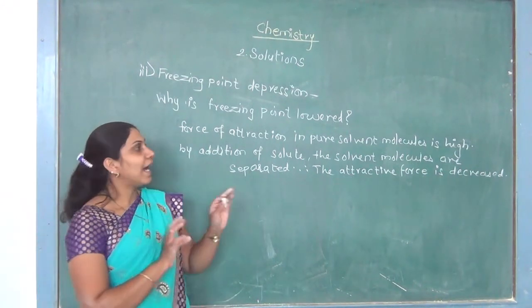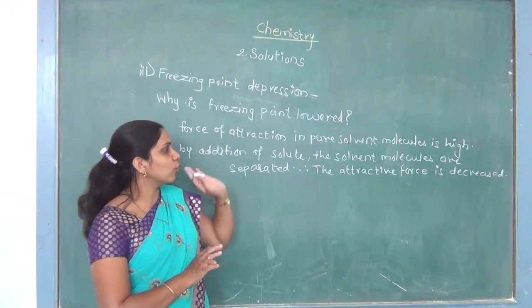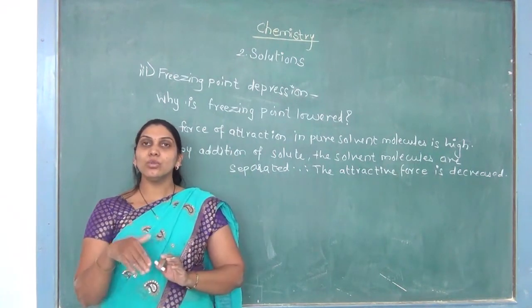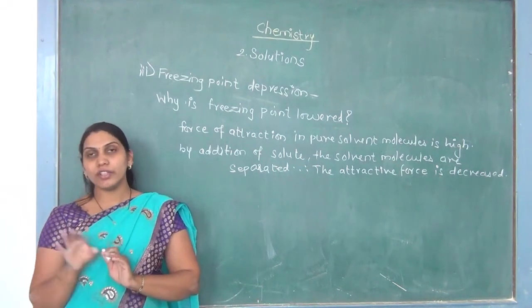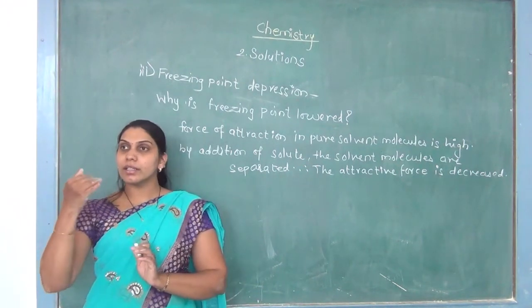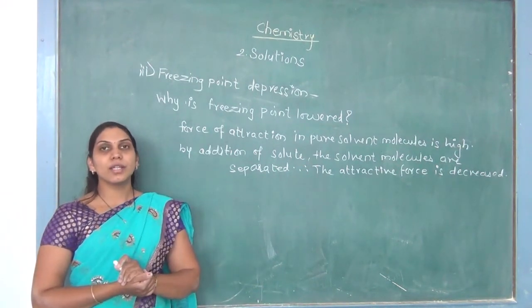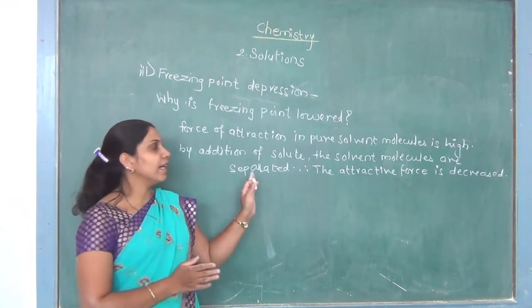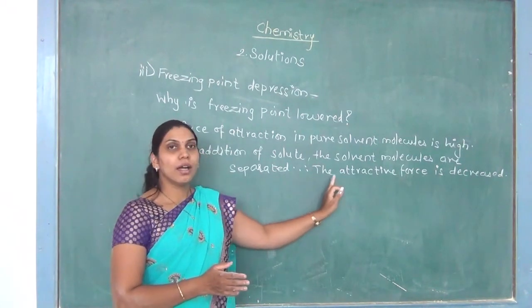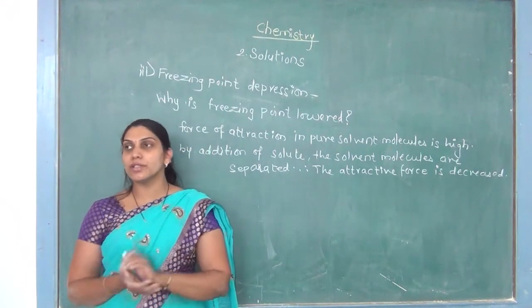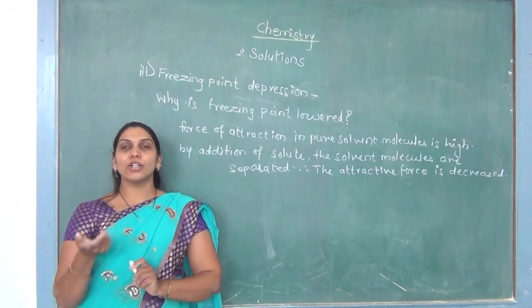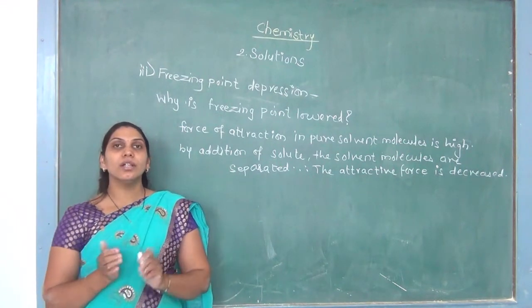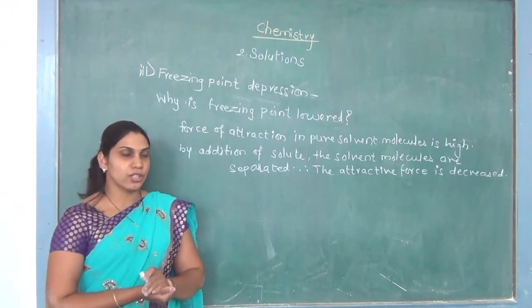That means at the freezing point of the pure solvent, the solvent in which a solute is added will not freeze; it will require a lower temperature. So by addition of a non-volatile solute, as the force of attraction between solvent molecules is decreased, the temperature is lowered to cause the phase change.